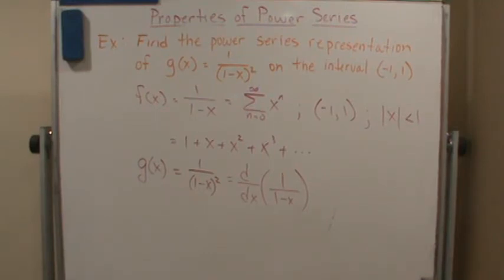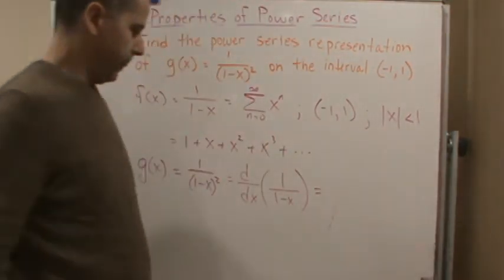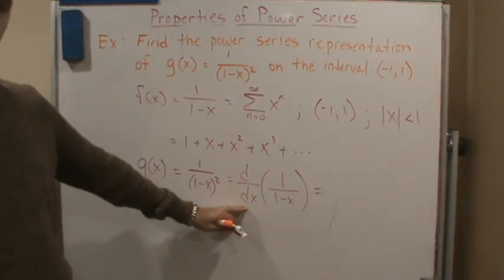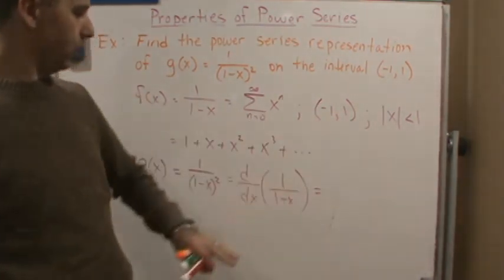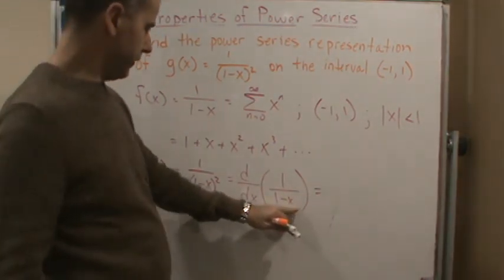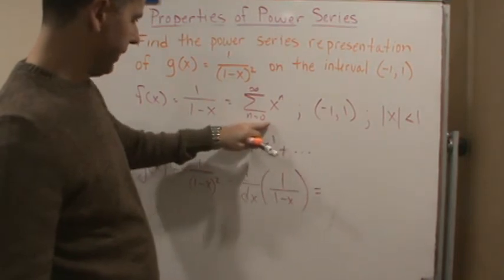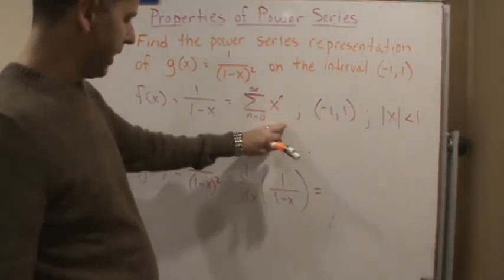Okay? Which equals, now here's where we're going to use the fact that since it's convergent over this interval, we can do the differentiation term by term. So we know that this is represented by this series, but we can bring the derivative inside the sum.